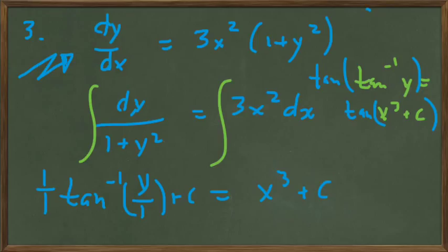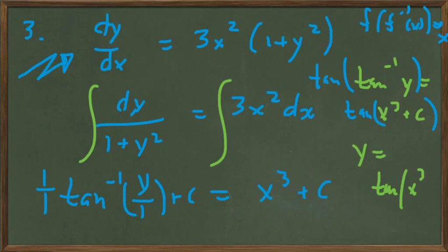And recall that when we have a function composed with its inverse, that just gives us back the input variable. So the input variable on the left-hand side, tan of tan inverse, is just y, and then we get y equals tangent of x cubed plus c. An explicit solution is obtainable in the variable y. It would also be obtainable in the variable x.